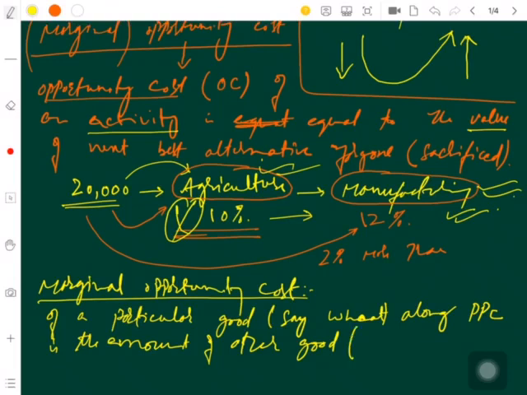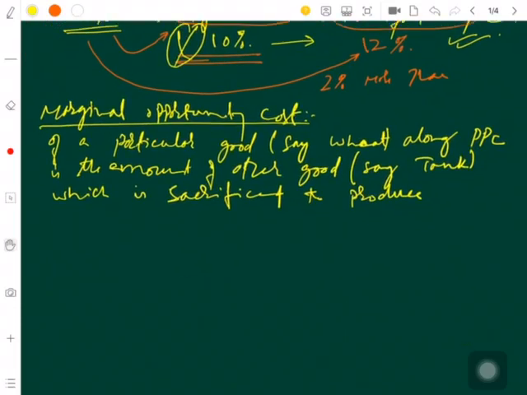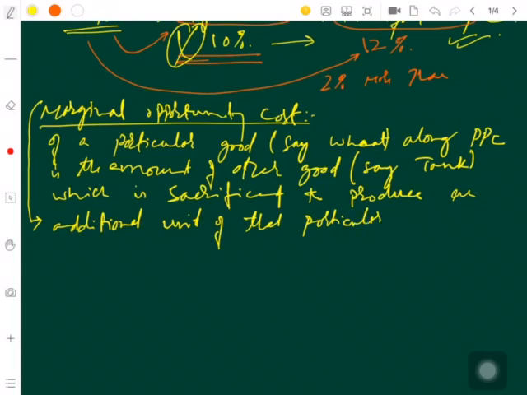But in previous example, it is say tanks, which is sacrificed to produce an additional, now this marginal word came into being, additional unit of that particular good.